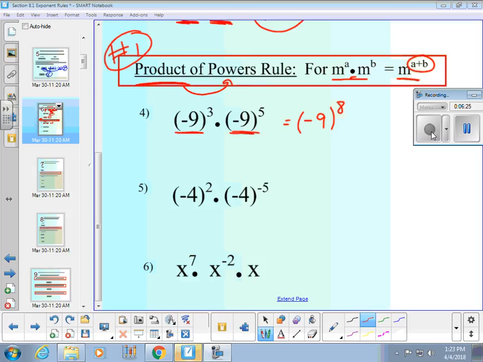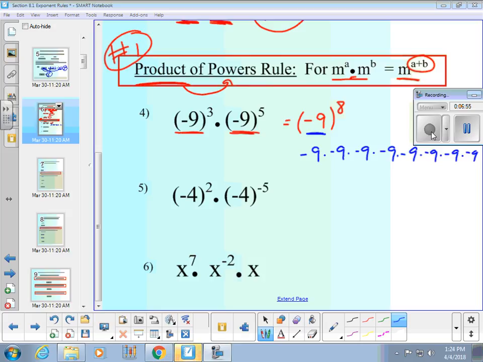Now we'll also talk about when you have a negative number to an even power like we have up here. That means I'm going to take this negative 9 and multiply it by itself 8 different times, right? Negative 9 times negative 9. I'll write this one out just to kind of see it. But if I multiply this by itself 8 different times, what's going to happen to my final answer? Is it going to be a positive or a negative number?